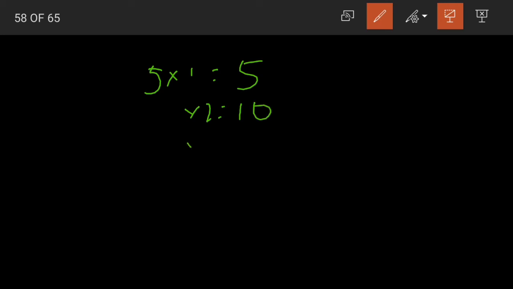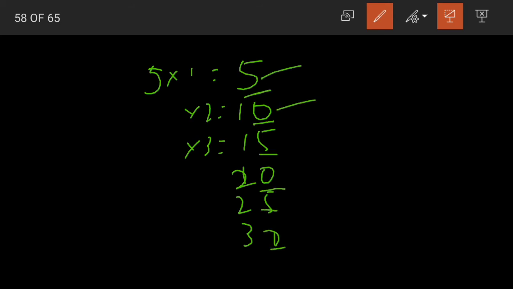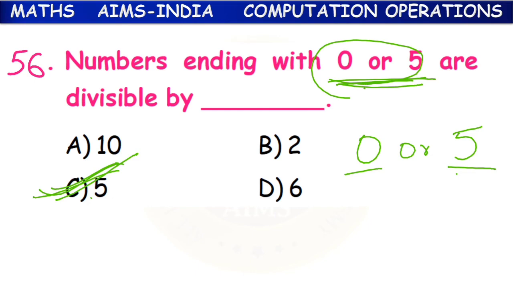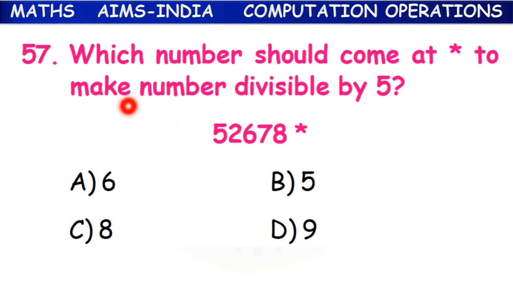See, if you look at the fifth table, all the numbers are either ending in 5 or 0. 5, 0, 5, 0, 5, 0. So the numbers that end with 0 or 5 are divisible by 5. Clear?